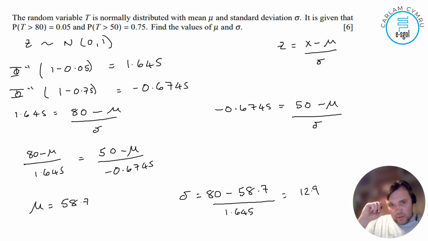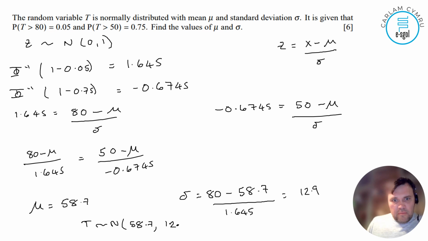So for this question, T belongs to a normal 58.7, 12.9 squared.